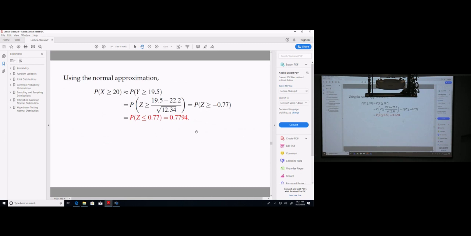Anyway, so we will have this, all right? This is using the symmetry of the normal distribution.